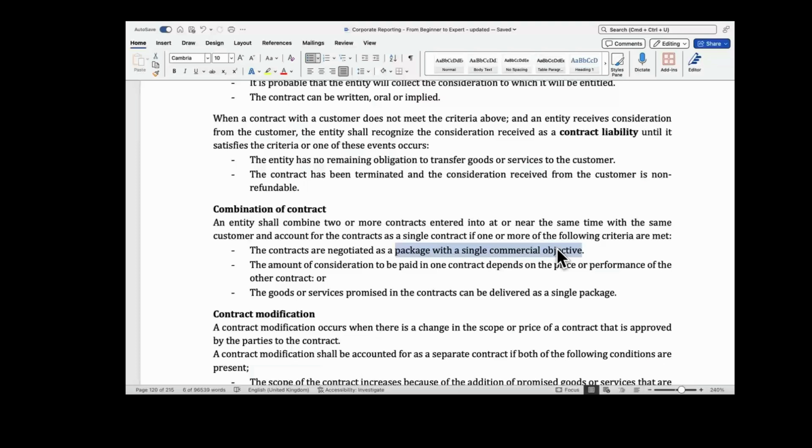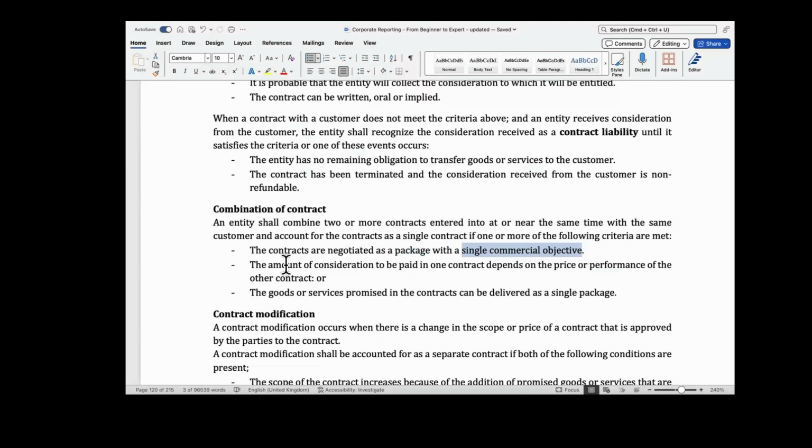If you have negotiated it together and you agree that they have a single commercial objective, just see that entire contract as one. Don't see them as separate contracts because they're actually one.